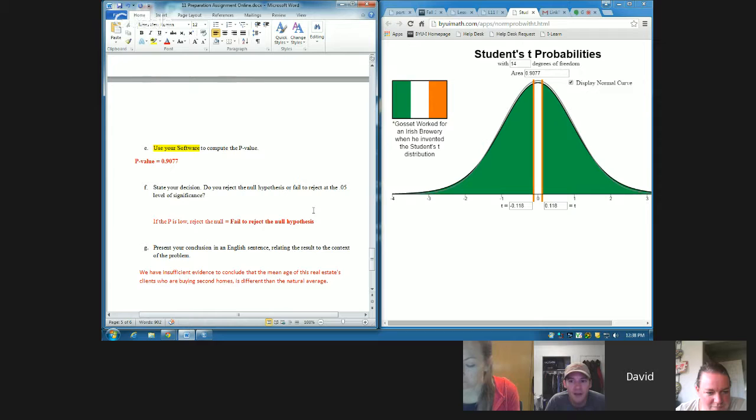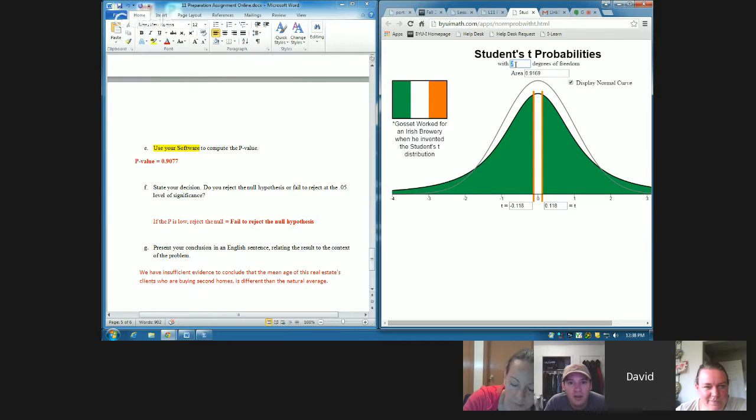The higher the number, the more likely it's going to be in line with the bell curve, whereas the smaller it is, the more off it's going to be. I remember that part, but I didn't remember that it had to do with degrees of freedom. Yeah, the higher the number, the more it will match the bell curve.